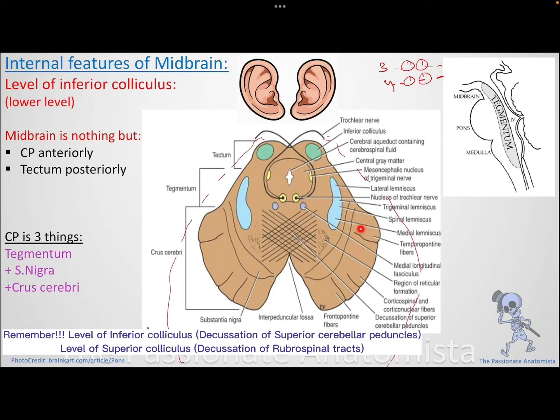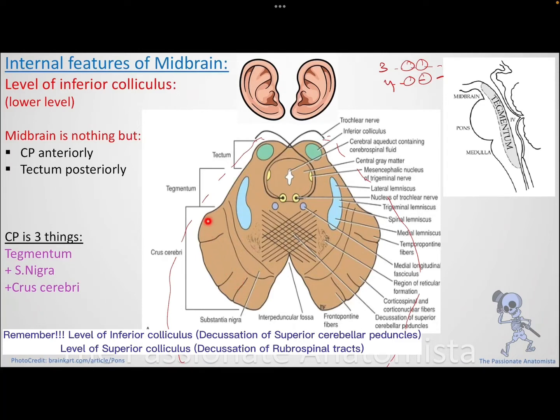And the ventral surface, remember, guys, the only thing we could see from the ventral is actually my cerebral peduncles. So the cerebral peduncle is having the tegmentum, my core, that has the lemnisci and cranial nerve nuclei, okay? And it has something called the crus cerebri that has the motor stuff descending.